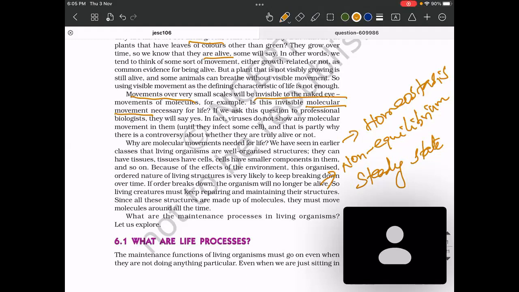See, homeostasis, a non-equilibrium steady state. The living organism has to maintain homeostasis. Homeostasis means proper body temperature, proper water level in the body, proper nutrient concentration, and gas exchange. All the time the cell, the system, has to maintain that, the normal conditions.